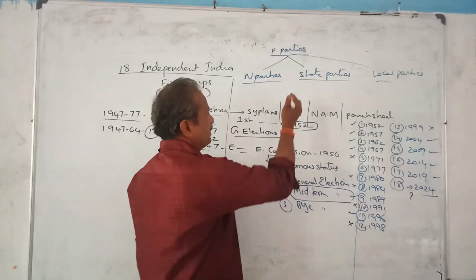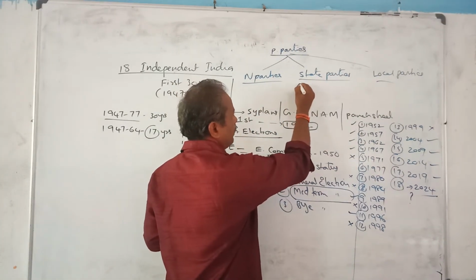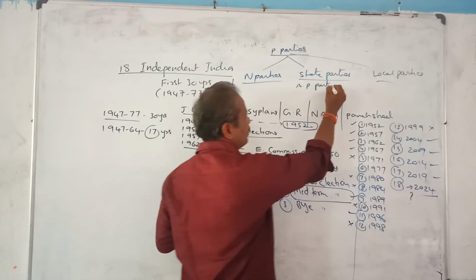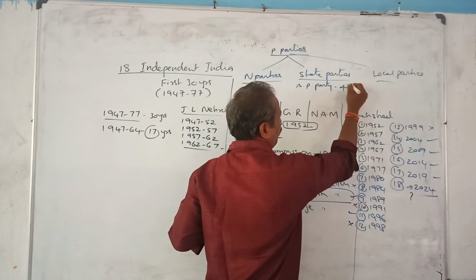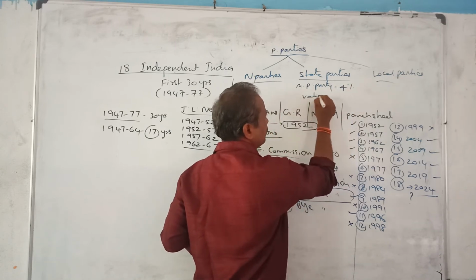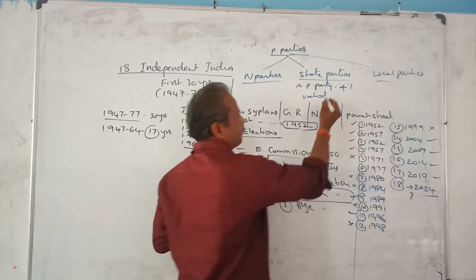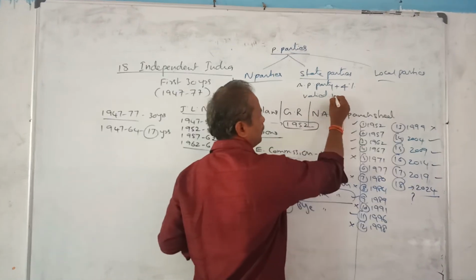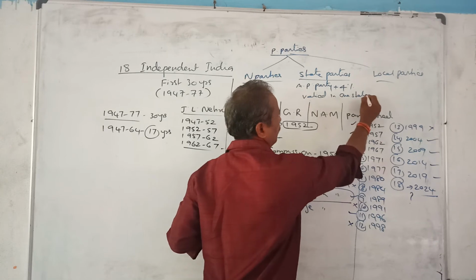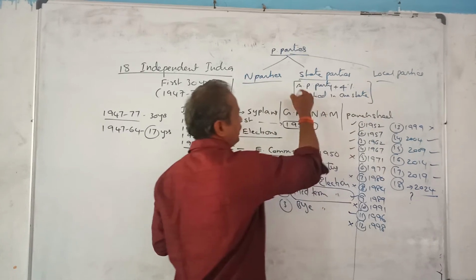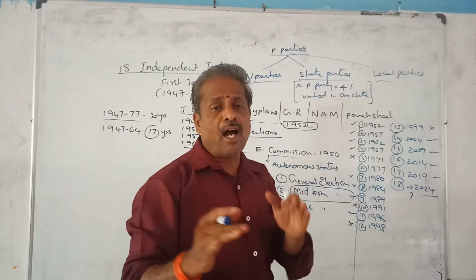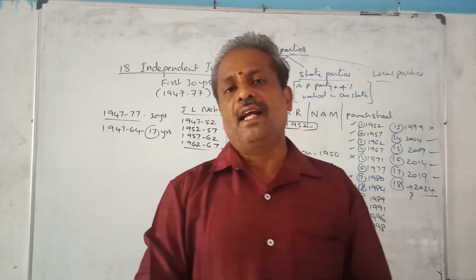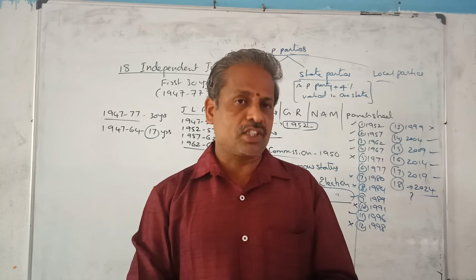Some are national parties, some are state parties. We have to see what is meant by a state party. A political party that secures at least 4% of the valid votes, 4% or more than 4% valid votes in one state, is called a state party.